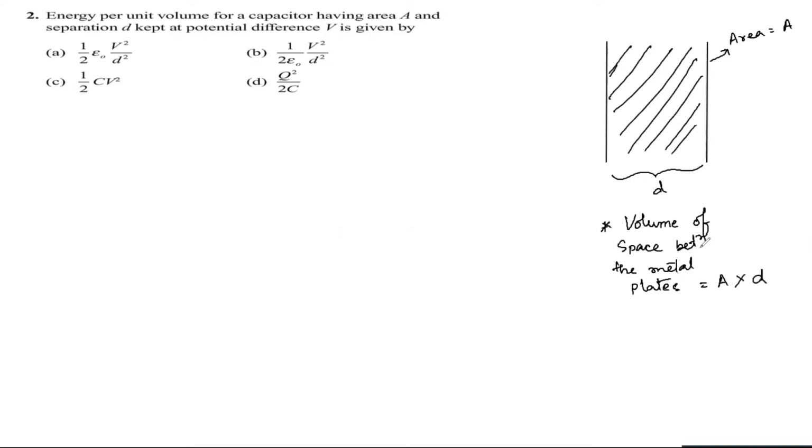Okay. So this is how we express the volume of the space which is enclosed between these two charged metal plates. Let's say that one is positively charged, and let's say that one is negatively charged.